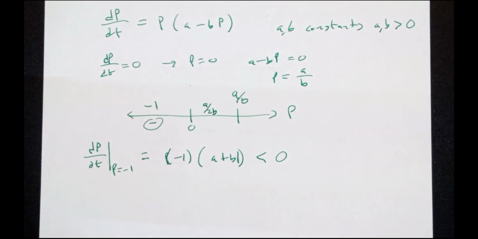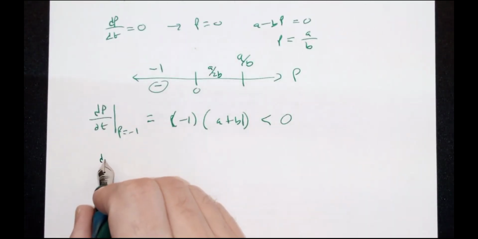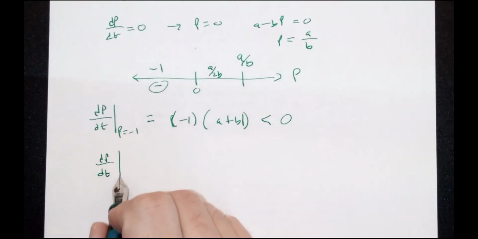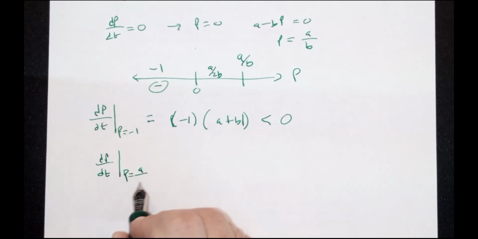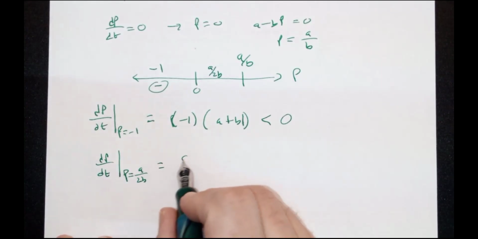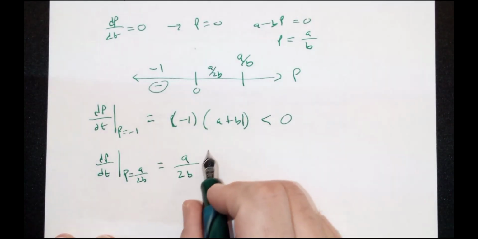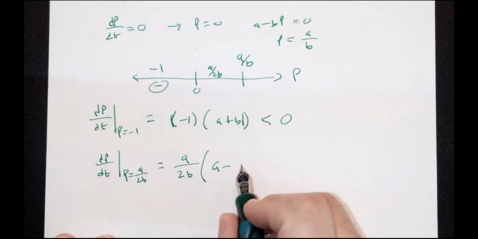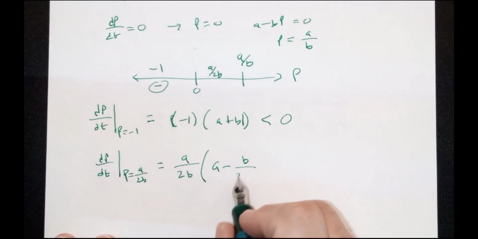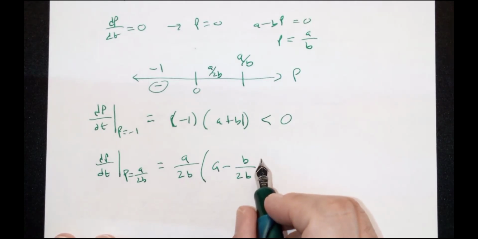Let's plug that in up here. dP/dt evaluated at P equals A over 2B. So I get A over 2B times A minus B over 2B.